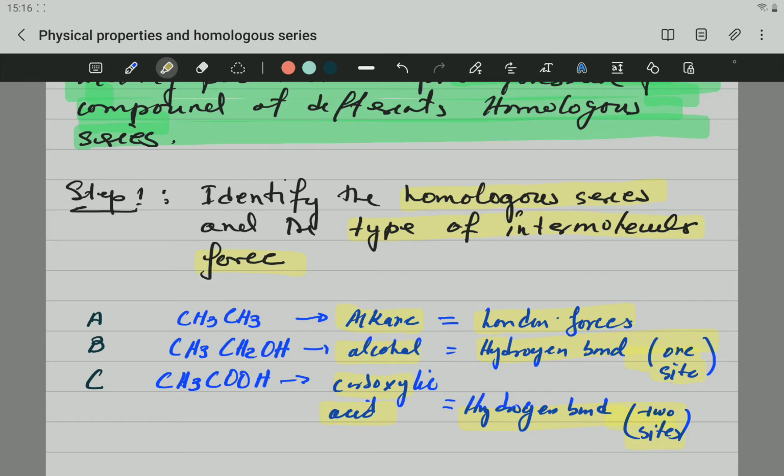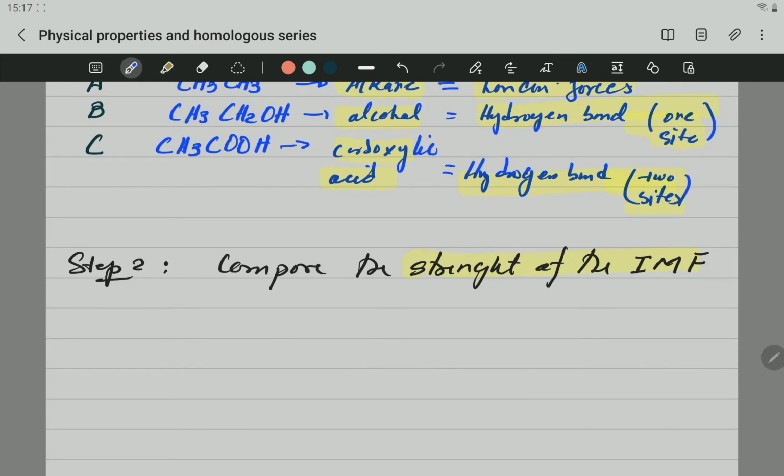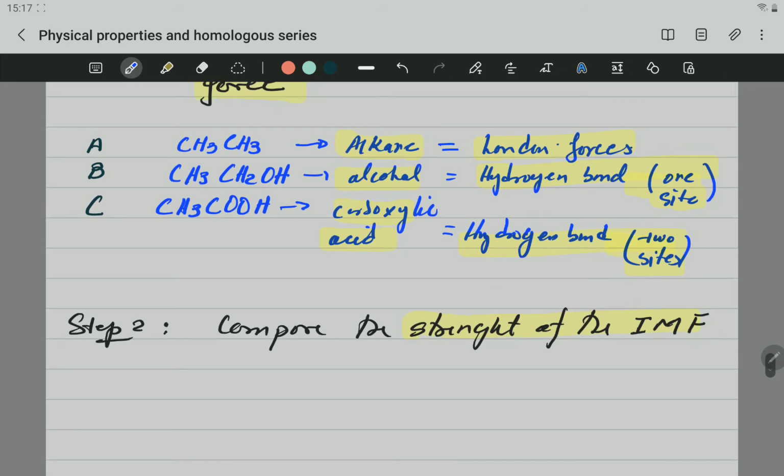Let's go to step 2. Now, in step 2, we have to compare the strengths of the intermolecular forces. So, we can say, for example, two sides of hydrogen bond is a stronger intermolecular force than one side of hydrogen bond. And one side of hydrogen bond is a stronger intermolecular force than London forces.